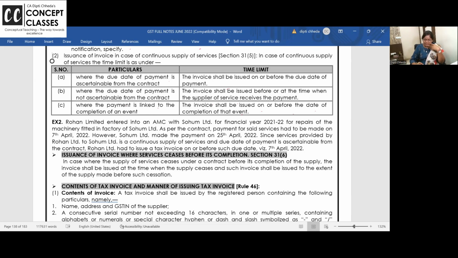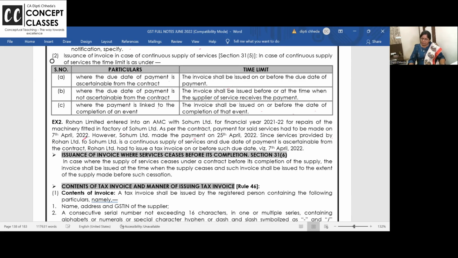Yes? Read this example. Rohan Limited entered an AMC for repairs of the machinery fitted in factory of Soham Limited. As per the contract, payment for the said service has to be made on 7th April. However, Soham Limited made the payment on 25th April.